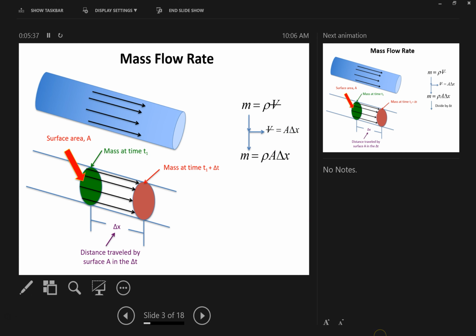And then how do we find mass flow rate? What's the unit? Kilograms per second, so you divide by delta t, because we want to know how much mass went through that area in a certain time. Can someone tell me what dx over dt is?